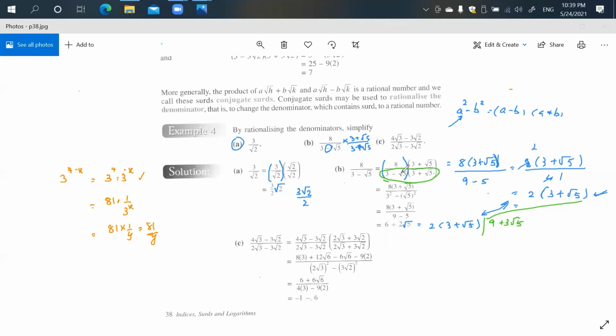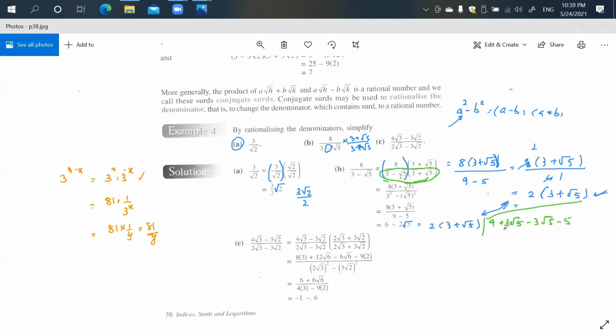Okay? And then gonna be this one plus, right? Then negative root 5 times 3 become negative 3 root 5. Okay, and then negative root 5 times plus root 5 become negative, and root 5 times root 5 become 5.